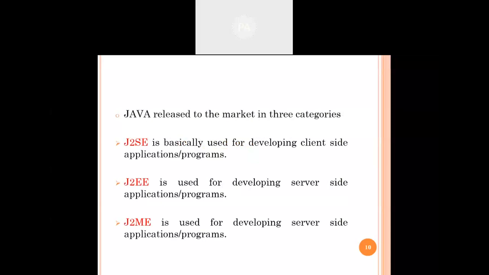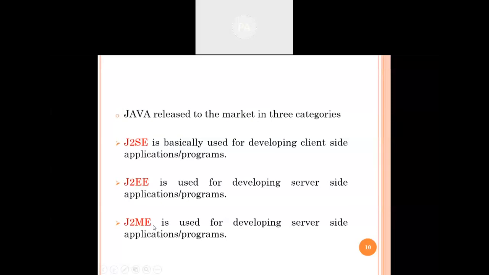Now, these are the three flavors of Java, and among them only two are majorly used. When Android came in 2008-2009, the last flavor was missed, that means it was not used.